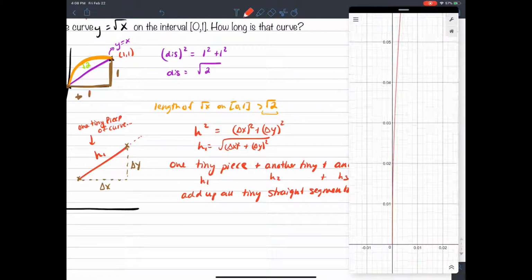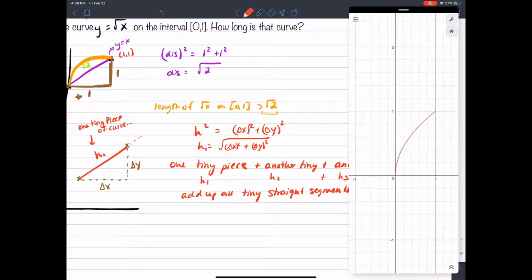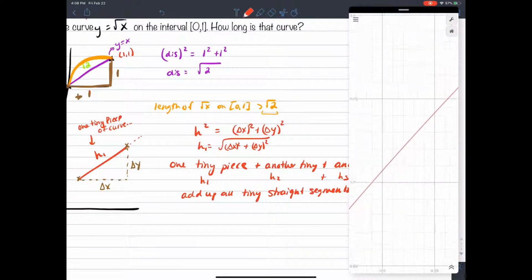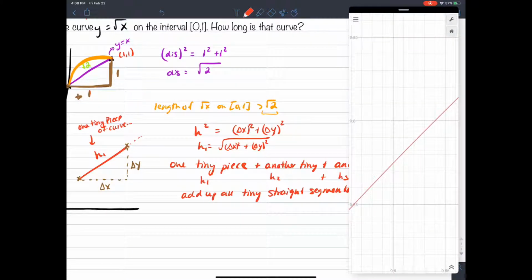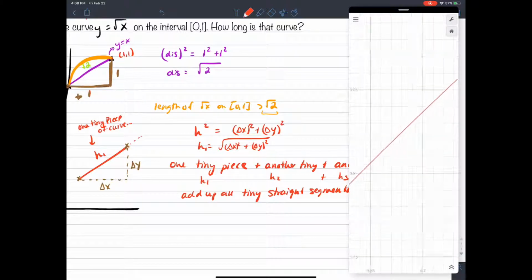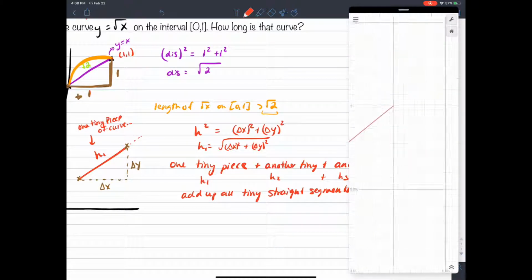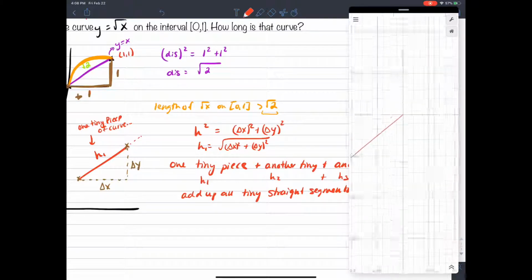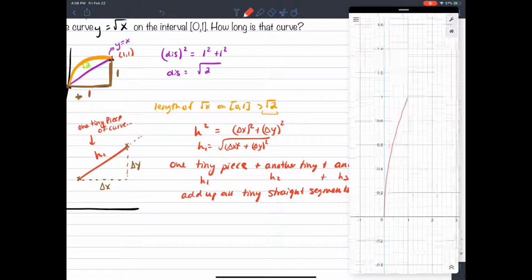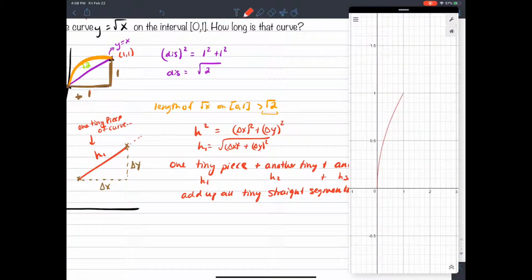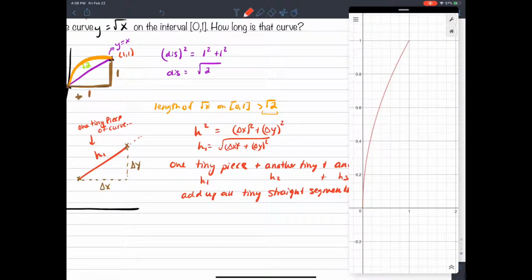So if I just zoomed in here, this straight line is h1. Then I could go over here and find this straight line, that's h2. Add it up to this straight line, that's h3. Add it up to this straight line. And again, these all look like straight lines to me. I can calculate straight lines. But when I zoom out from all those tiny little pieces, well, now it's the square root of x again. Now it's a curve. So that's our calculus idea.